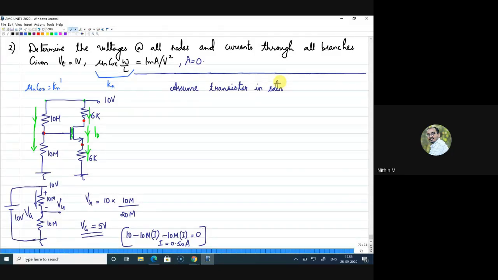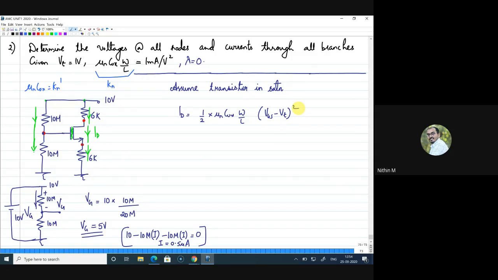Right. So if I'm assuming the transistor is in saturation, then I can write drain current as half mu Cox W by L into VGS minus VT the whole square. This will be the current equation. But now I do not know what is the current flowing through the MOSFET. So ID is unknown.